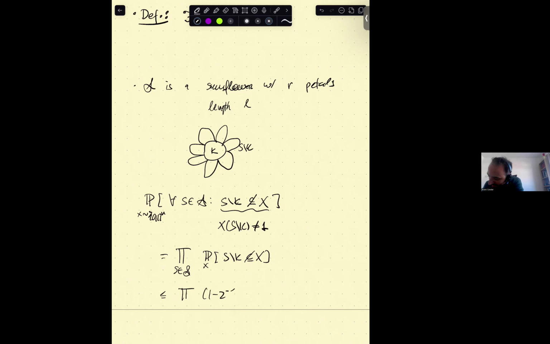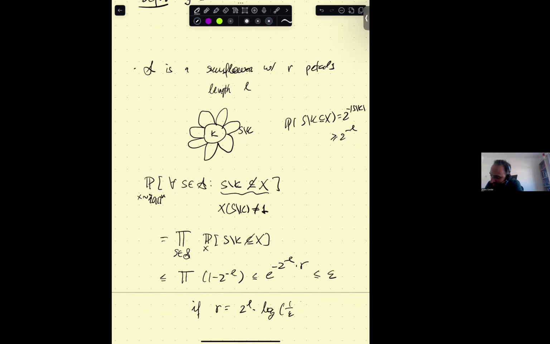Okay, so the probability, I don't know if this is clear, but this is really 2 to the minus |S minus K|, which is at least 2 to the minus L, because they all have length L. So I'm just bounding this here, and this is to the power R because there are R guys in the product. And this is at most epsilon if R is like 2 to the L log 1 over epsilon.